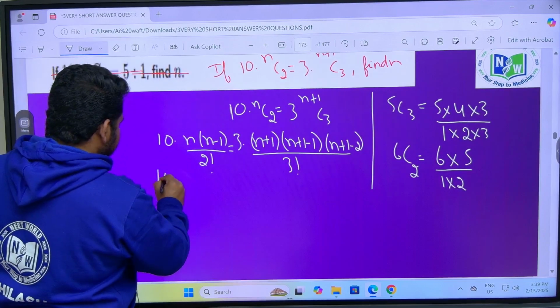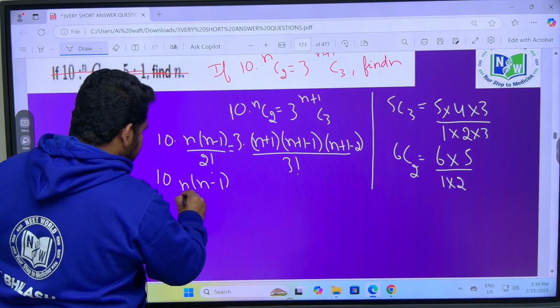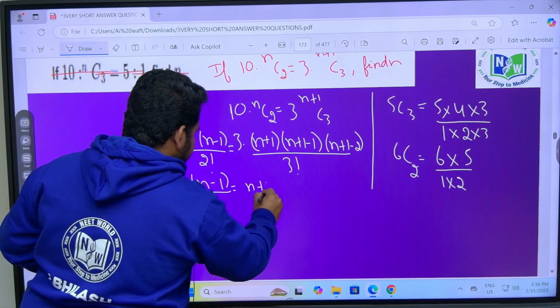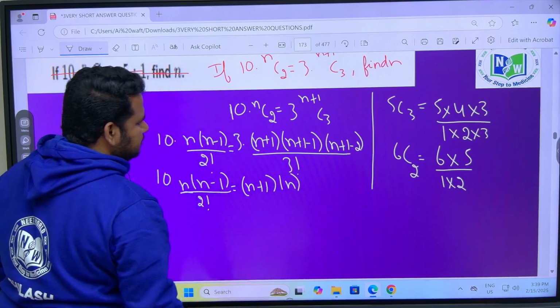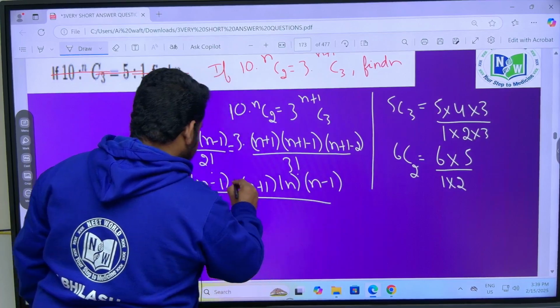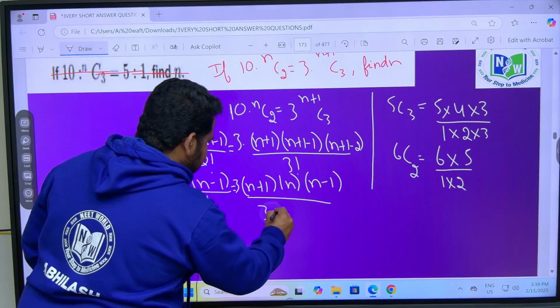So this will be equal to 10 into n into n minus 1 divided by 2 factorial. This n plus 1, write it as it is. N plus 1 minus 1, you will get n. N plus 1 minus 2, you will get n minus 1. This 3 factorial I can write as 3 into 2 factorial.